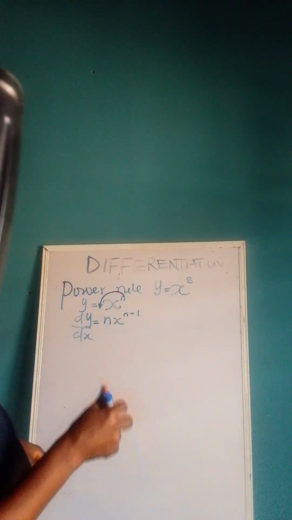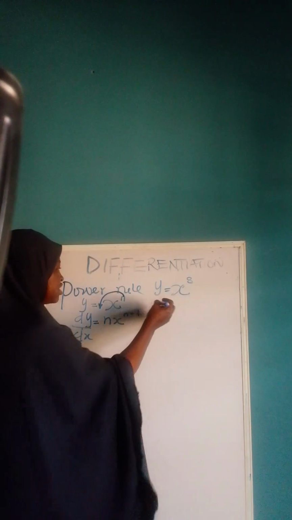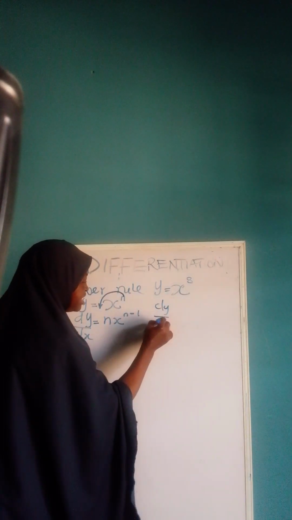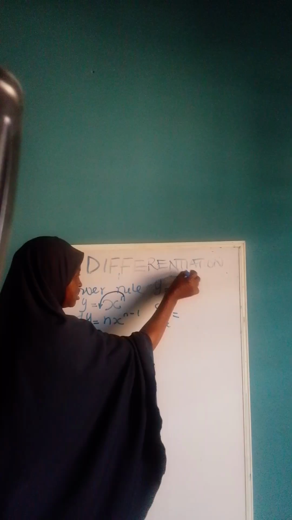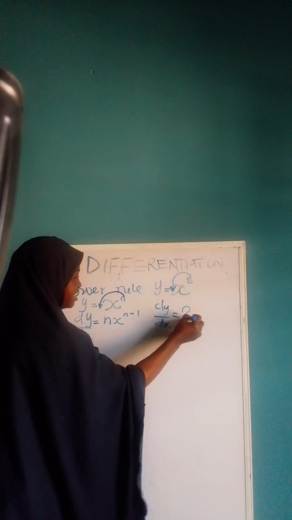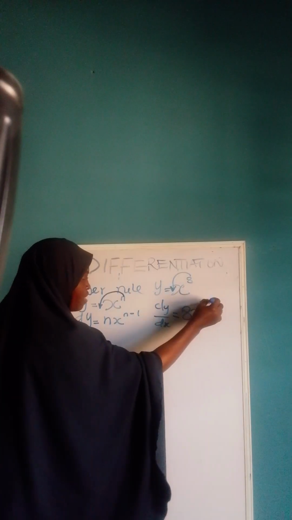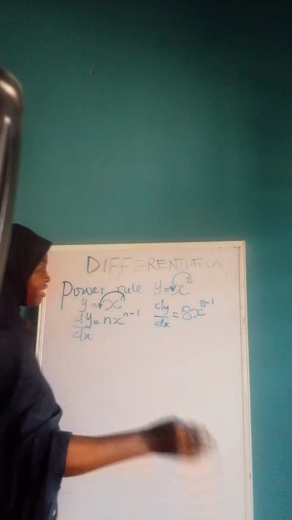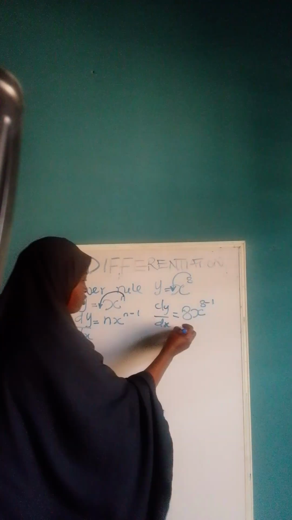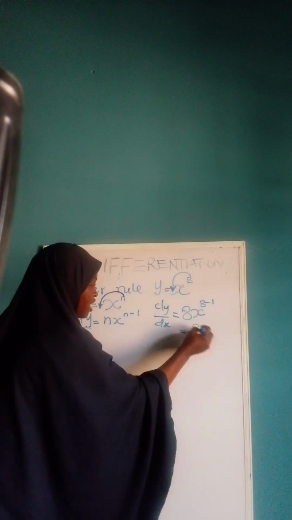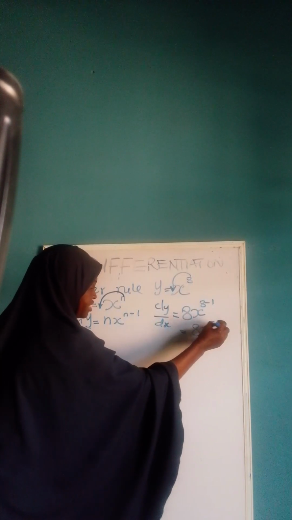So what will be our answer? It's simple. dy over dx is equal to 8x, transfer the 8, take 1 from that 8, and it's as simple as that. If you take 1 from 8, it's going to give you 7. So your answer is 8x raised to power 7.